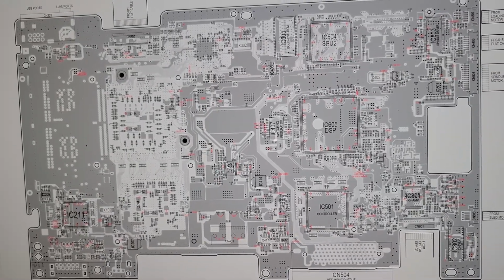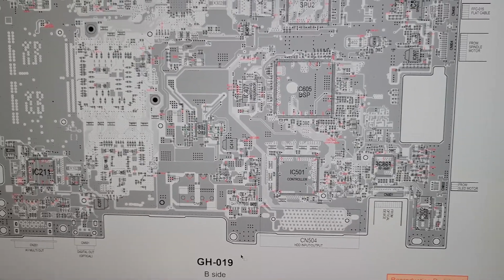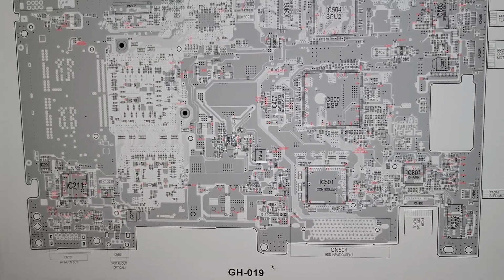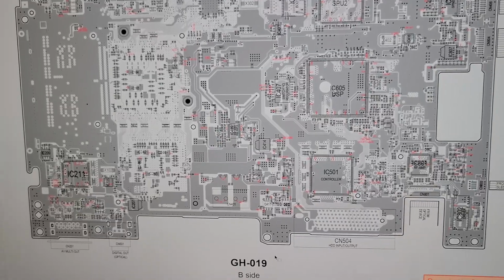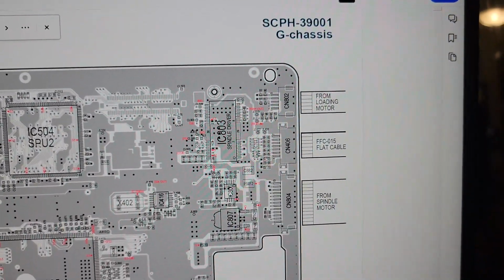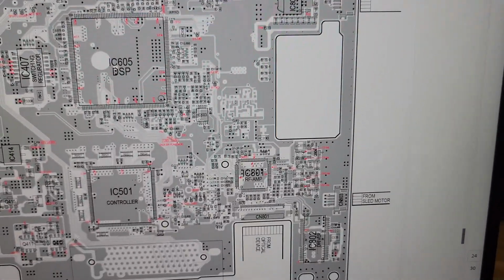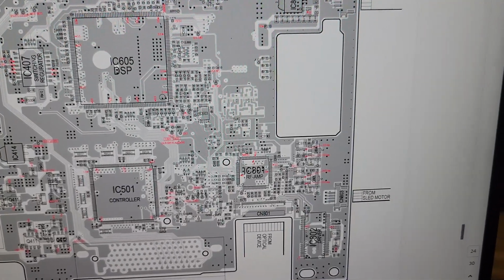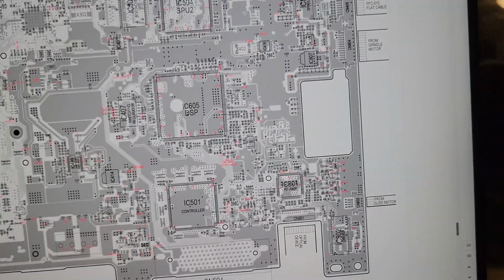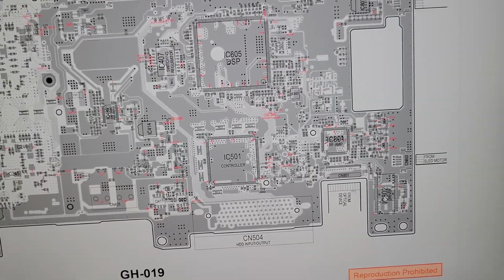I can't even find anything on a GH-22 board right now, but I'm assuming the theory is the same. Heck, they even tell you where all the little spindle motors go. You got loading motor, flat cable, a spindle, and then the sled motor. By the way, if you're looking at it, and then there's your optical device.